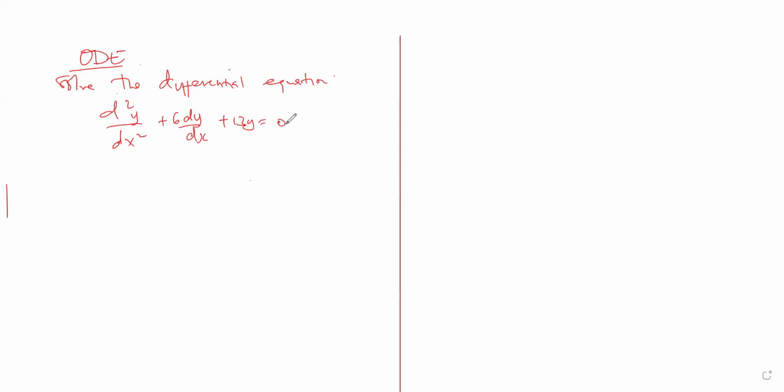Remember, we're solving for functions where the other side has no function, it is just a constant. We're going to solve for the particular solution, that is when x equals 0, y equals 3, and dy dx is given by 7.